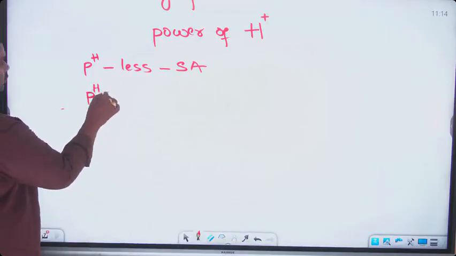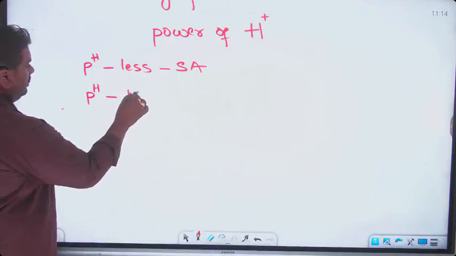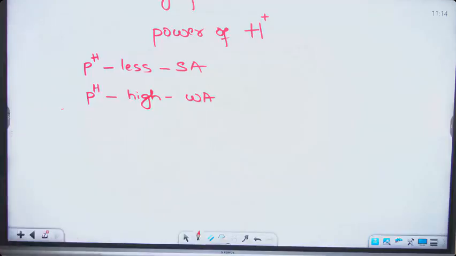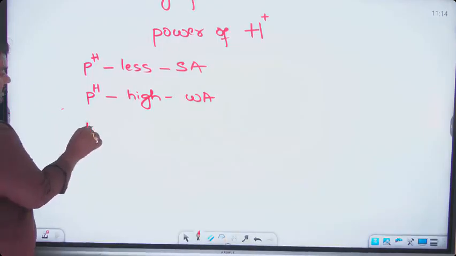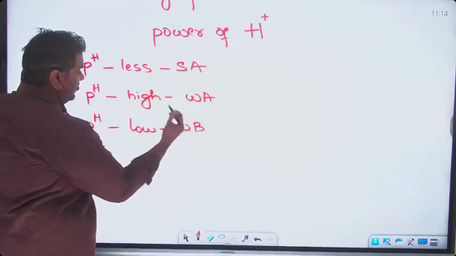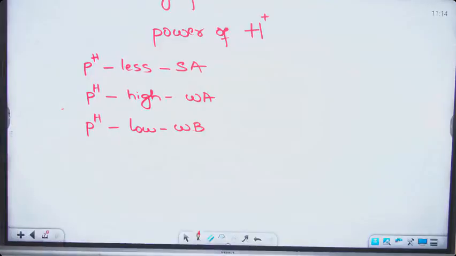If pH value is high, it is a weak acid. pH value ఎక్కువగా ఉంటే it is a weak acid. pH value తక్కువగా ఉన్నట్లయితే strong acid. Suppose that if the pH value is low, then in that particular case it is a weak base.